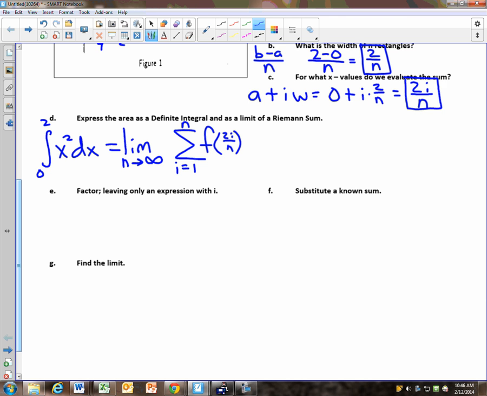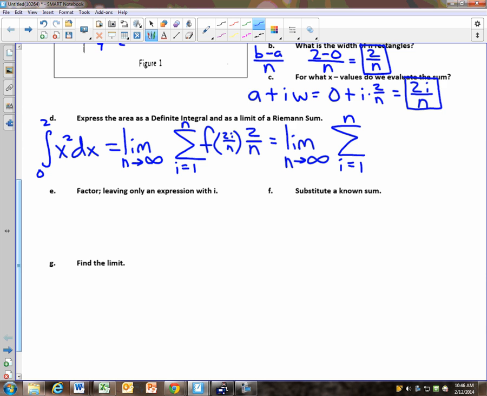What is the width? We pause. Everybody see where I got those parts? That's the limit as n goes to infinity of the sum from I equals 1 to n.